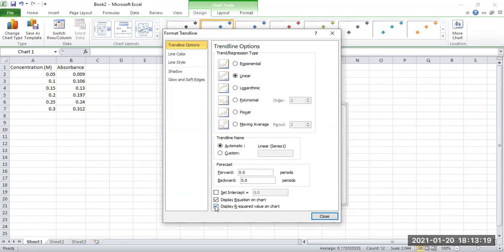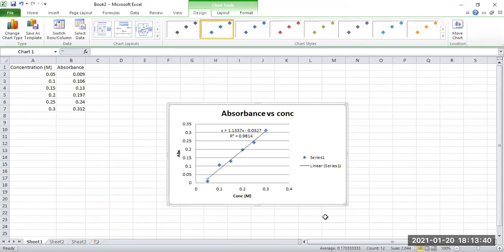If you're hoping for a straight line and your data is really sucky, your R value will be noticeably under 1.00. Perfect data is 1.00. So I'm going to hit close and see where it has my info now displayed on the graph.